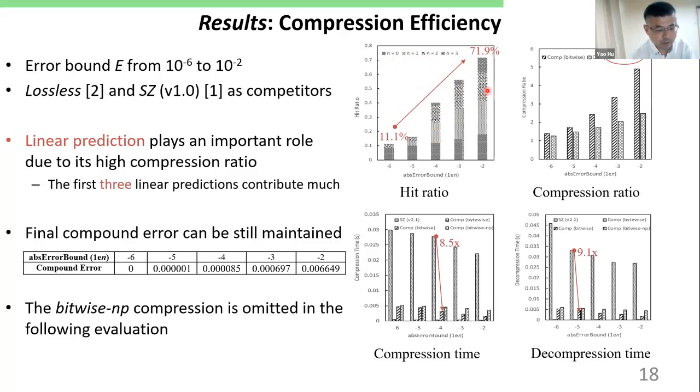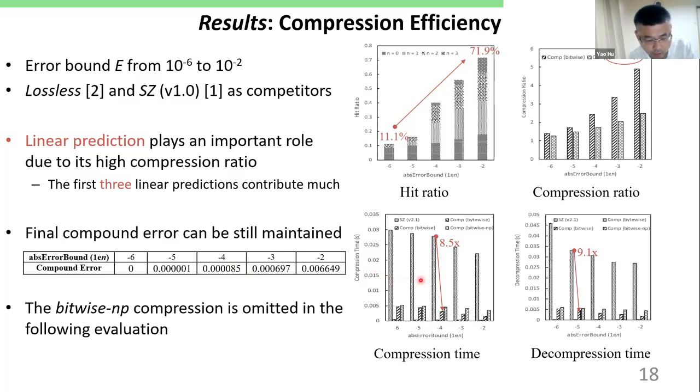And during the compression, we maintained the error bound for each data prediction. However, we know that the error may compound via the compression of consecutive data pieces. So from this table, we can see the final compound error can still be maintained even if we use different error bounds.